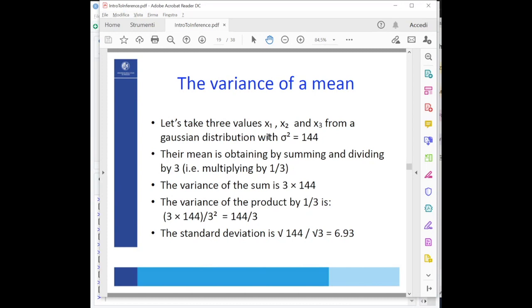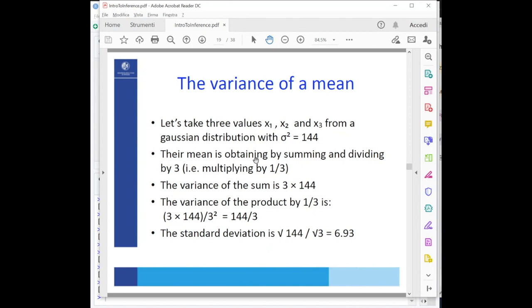That means that the variance is 144, which is 12 squared. Okay. So the mean is obtained by summing the three subjects. So if each subject has a variance of 144 and I take three subjects, the variance of the sum is the sum of variances. So I have 144 plus 144 plus 144, which is 3 times 144.